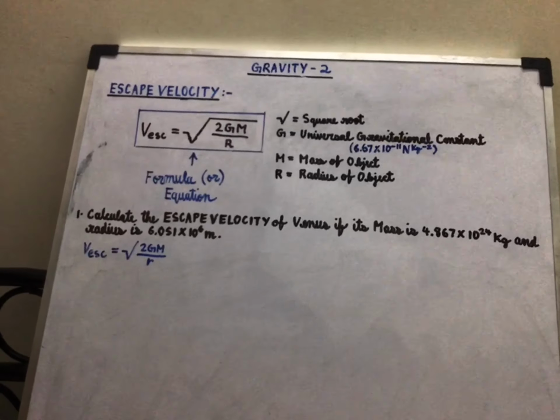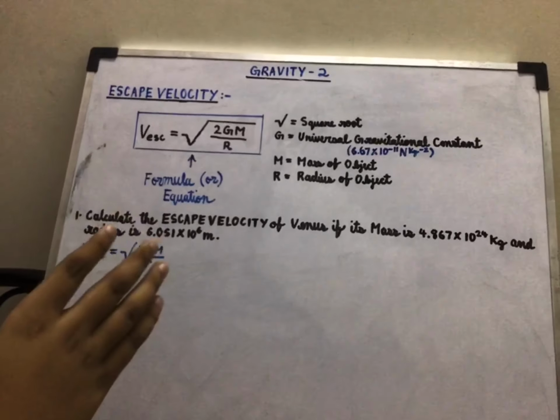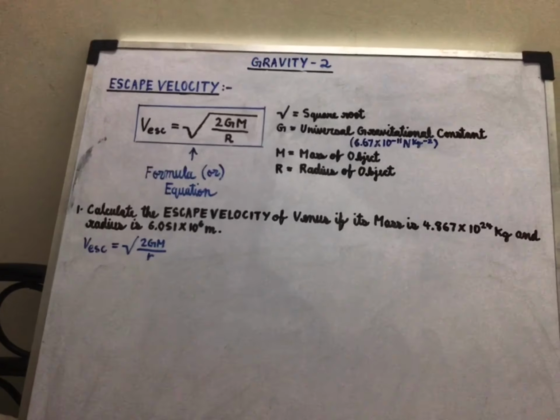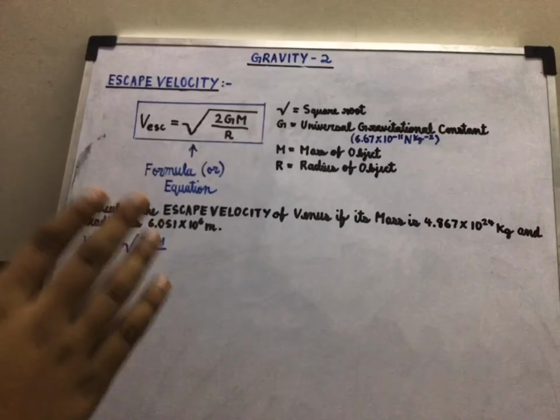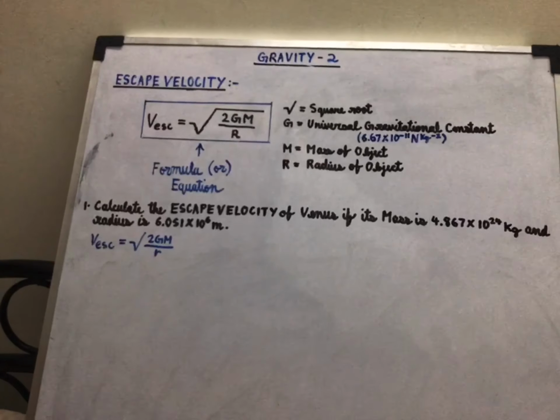This is the equation to calculate the escape velocity of any celestial body if you are given the mass and the radius.